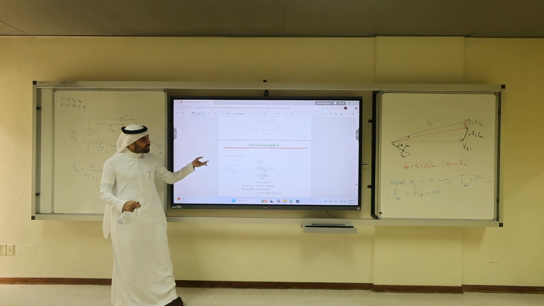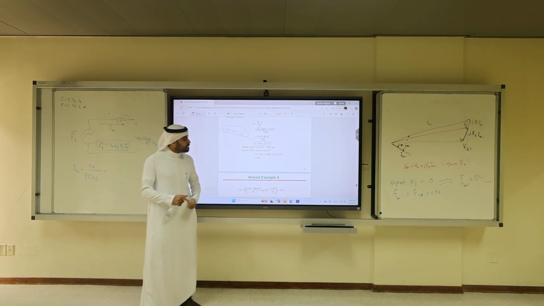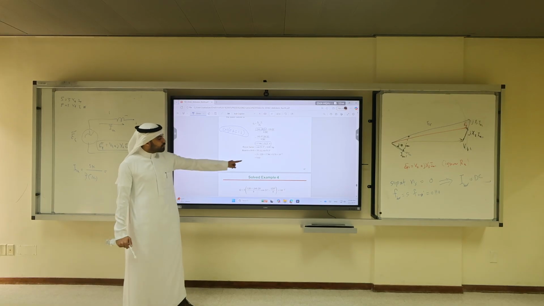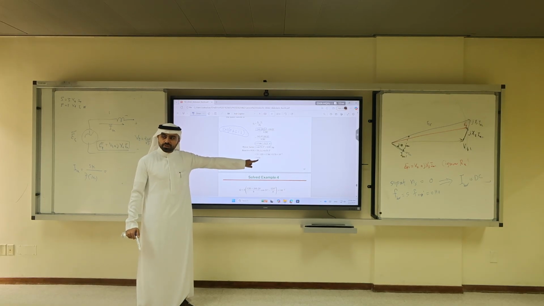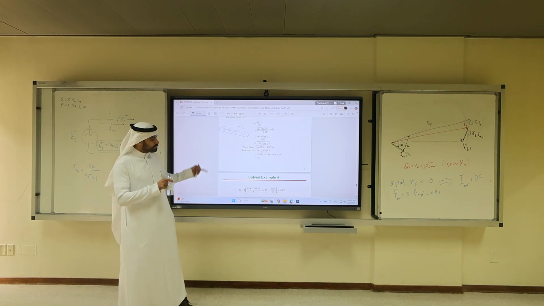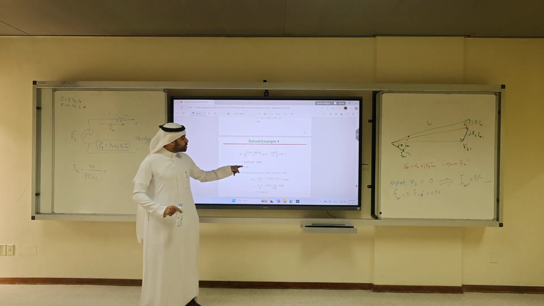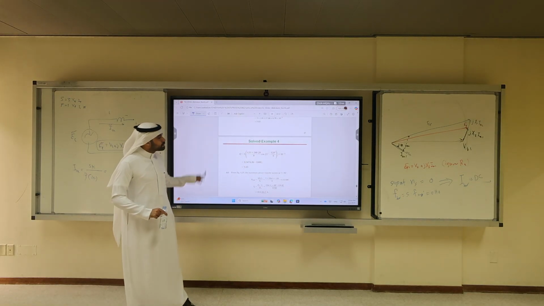You can use it, but I prefer to use this equation because it's simpler, easier to remember: 3 Vt IA sine. So the reactive power is positive. So we're still at the reactive, lagging power factor. If you use the other equation, the one I told you, you still get the same Q.